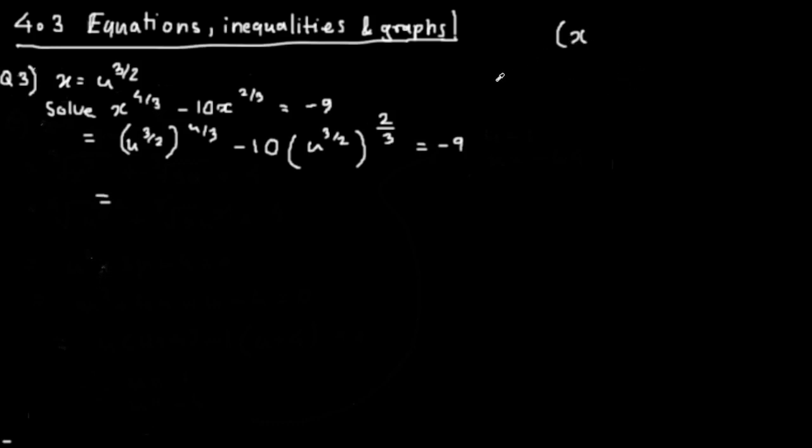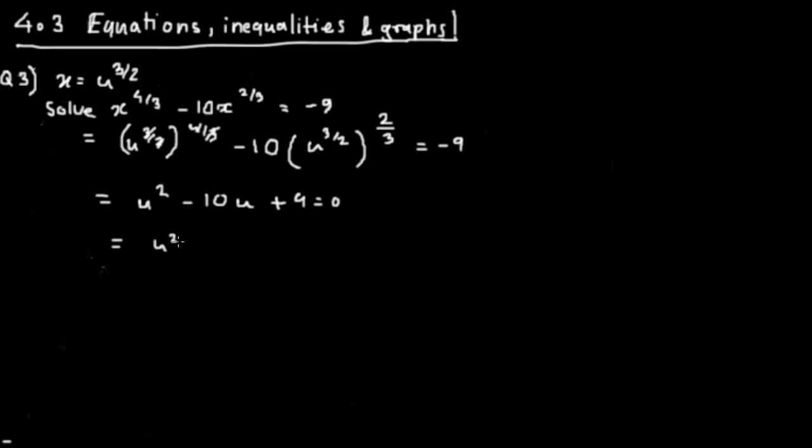So what we understand from here is we can multiply these. So the power is 3 over 2 times 4 over 3. You can simplify these. So ding, ding, ding, ding. We get u squared, right? That's nice. Then 10, we can simplify this very well. This is just equal to u. And then, because we moved this, plus 9 equals to 0. Now, this is much less intimidating to work with.